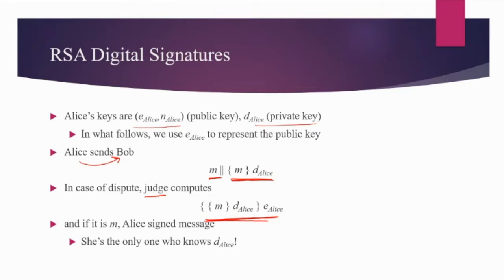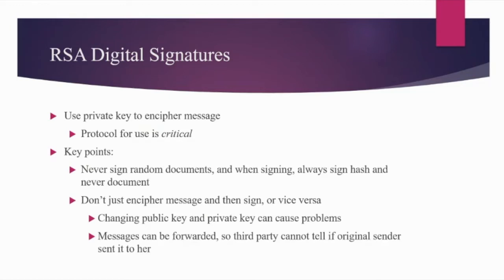Now, there are some important points that you have to keep in mind while using RSA digital signatures. Please pay attention here. You have to use the private key to encipher the message; we agreed on that, we have to use our private key. Now, the key points.